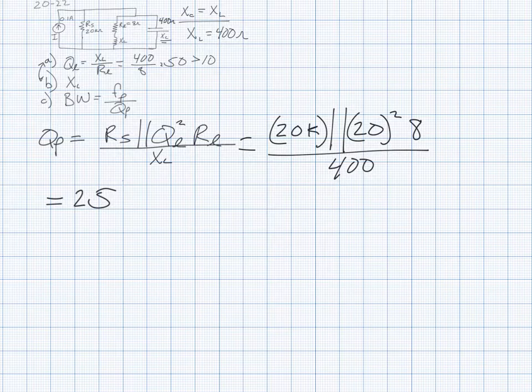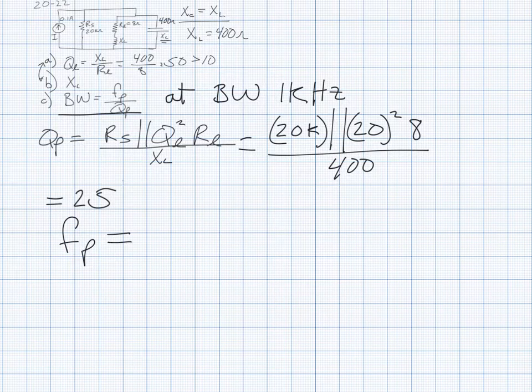All right, the one thing I failed to mention, and I didn't write this out, is that part C here says finding the resonant frequency when the bandwidth is at 1K. All right, so that's 1 kilohertz. All right, so going back to the equation there, to solve for the frequency of this parallel resonance circuit, we're going to rearrange this so that we have the bandwidth multiplied by the quality factor of the parallel circuit.